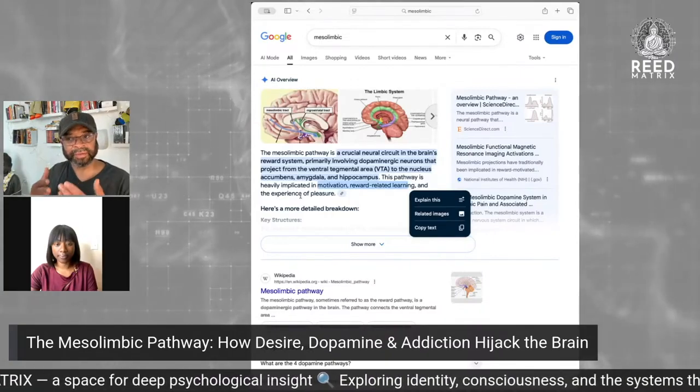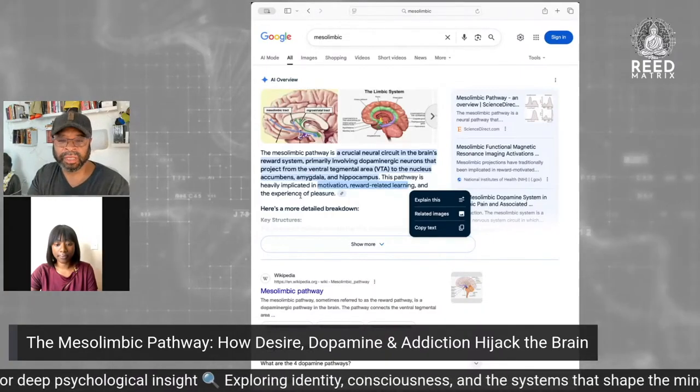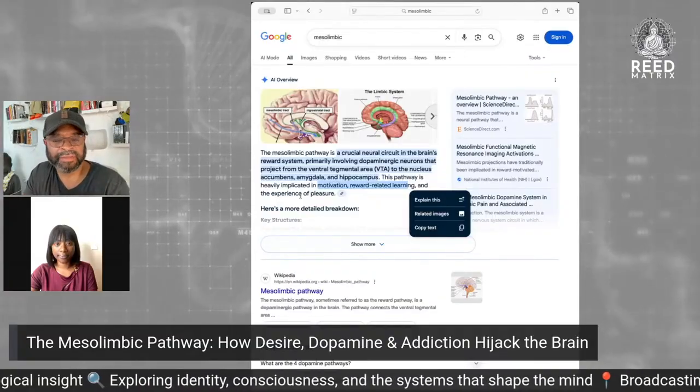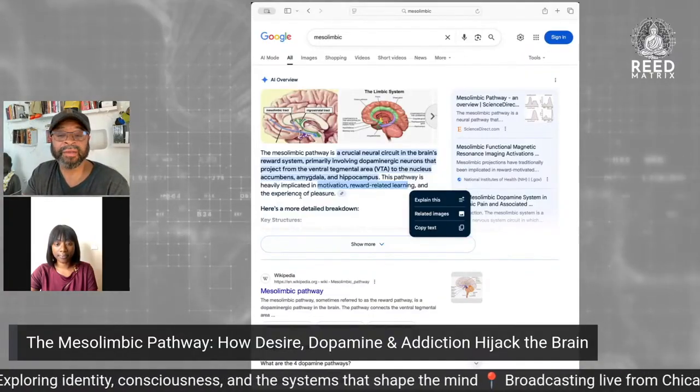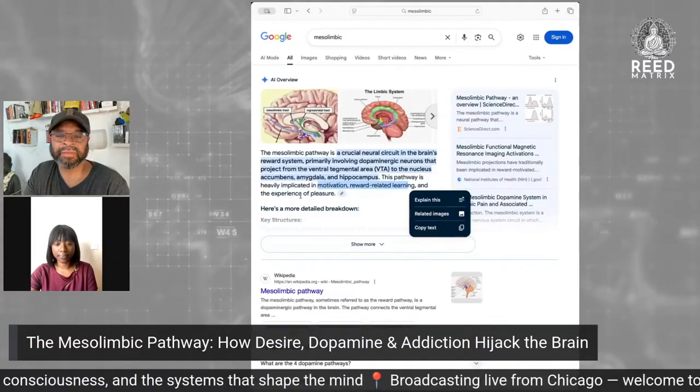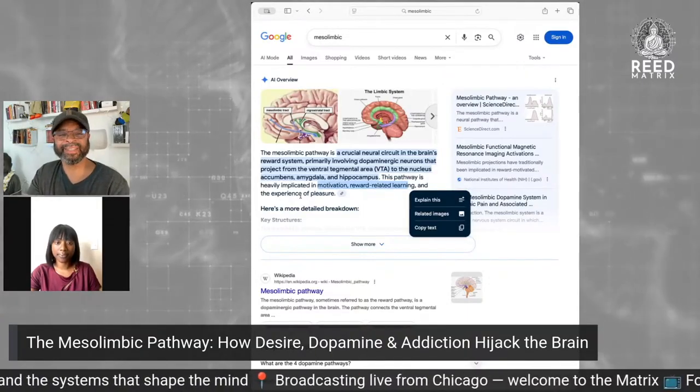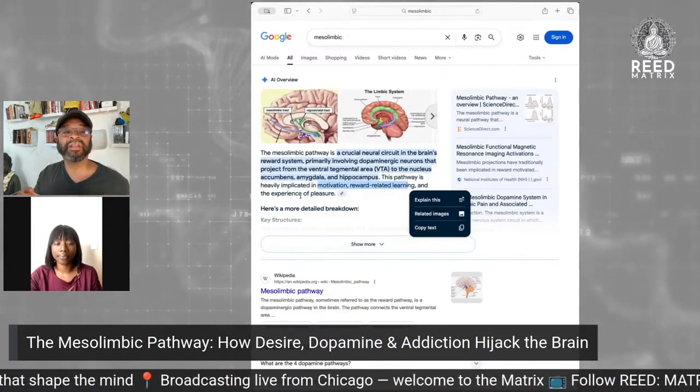After they activate the mesolimbic pathway more by using amphetamines or cocaine, they basically eliminate a lot of those lower density states and lower consciousness states that make them feel uncomfortable.